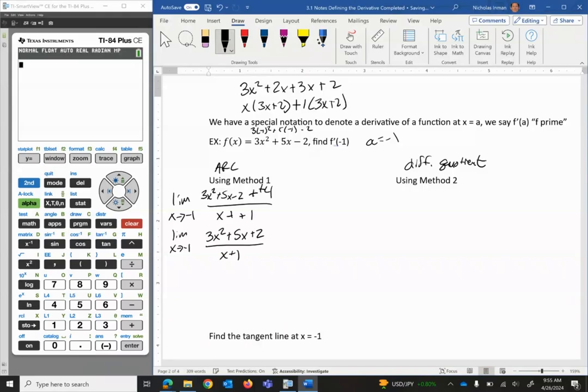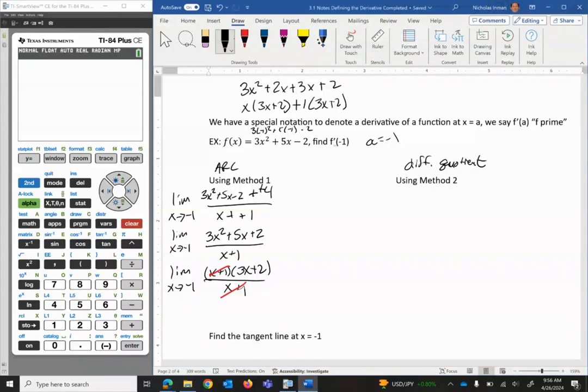All right, so my factors would be x plus 1 and 3x plus 2 over x plus 1. Now, every single time, those should cancel out. So now we can just evaluate the limit.